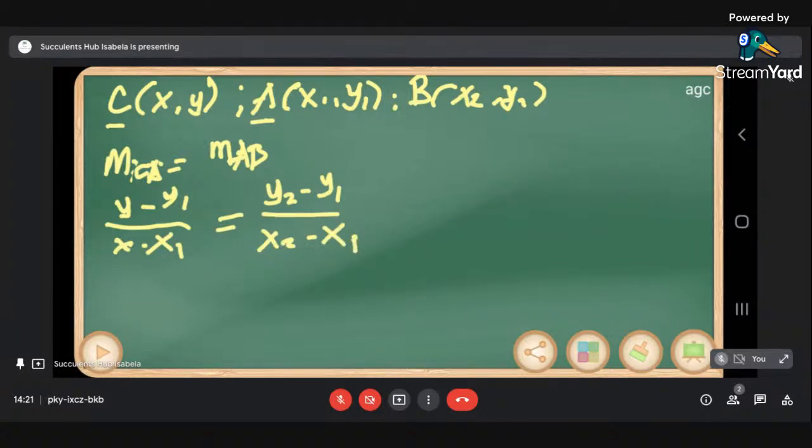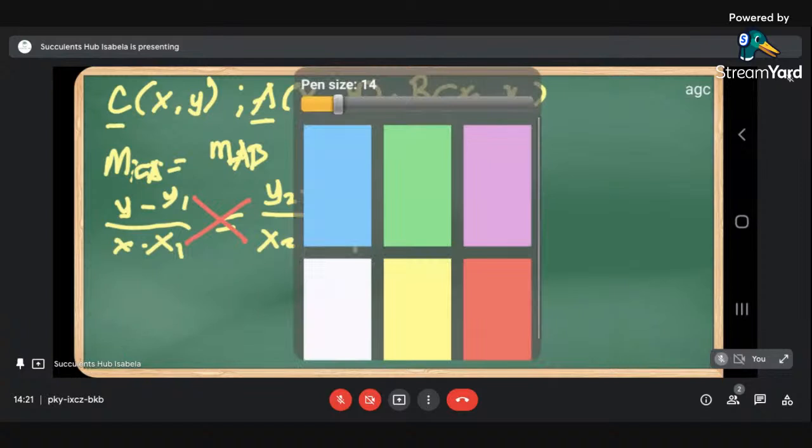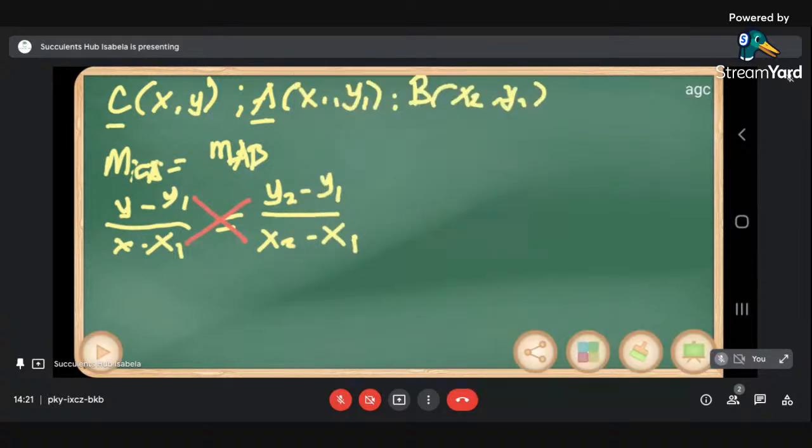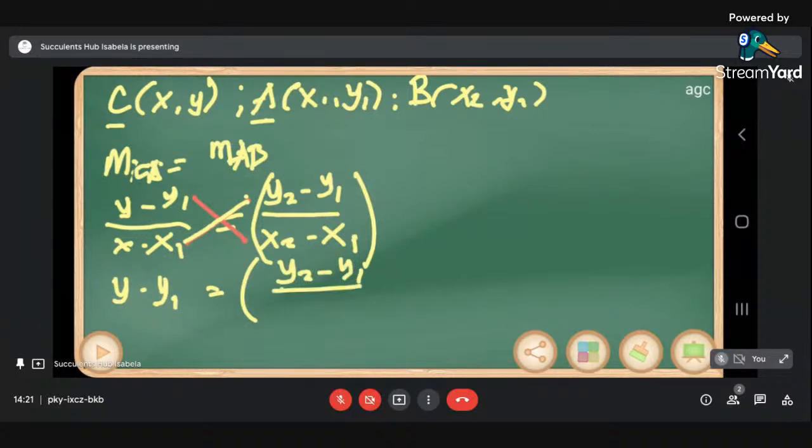Yan. So what we're going to do here is we cross multiply. Hindi pala natin i-cross multiply. Itong isa lang ililipat natin para makuha natin yung form na yon. Okay? So this one only. We just multiply this to the whole of this. So you will have y minus y sub 1 is equal to y sub 2 minus y sub 1 over x sub 2 minus x sub 1.